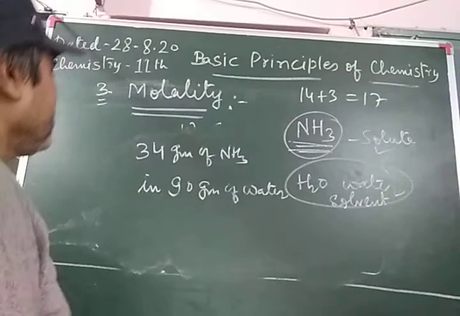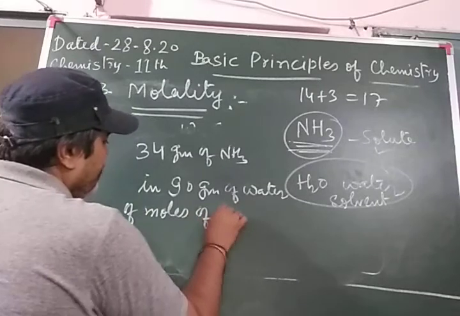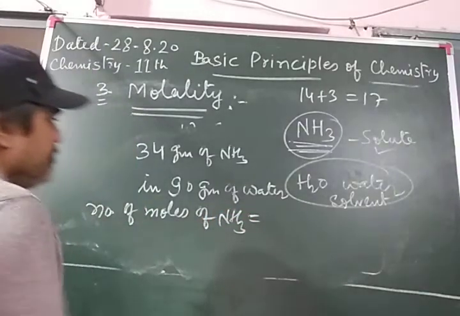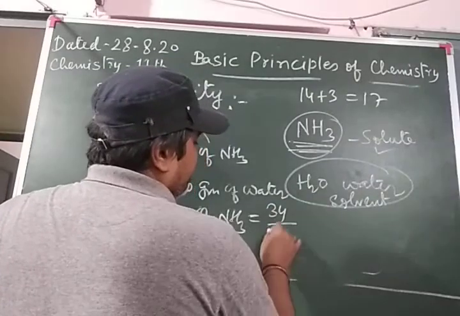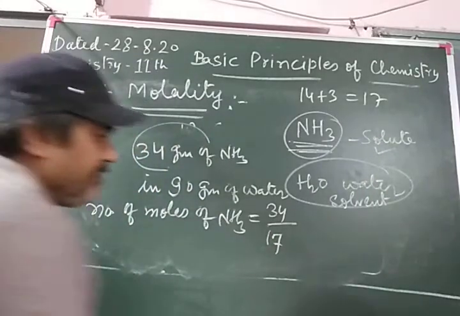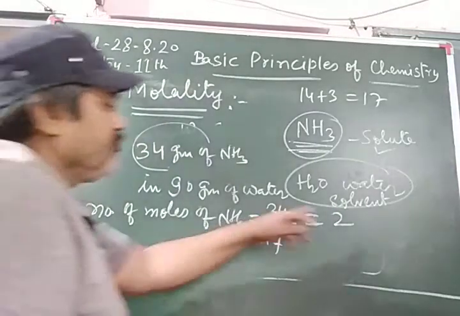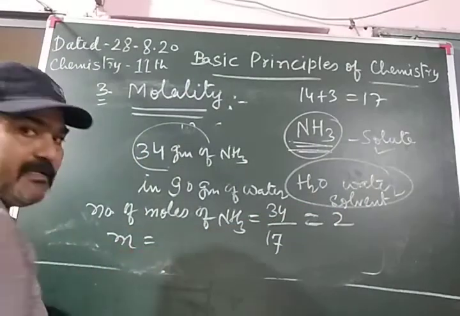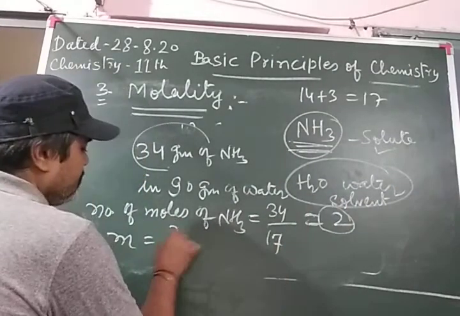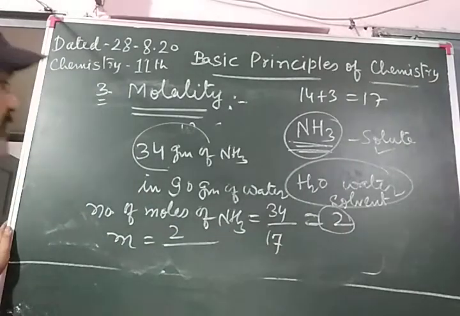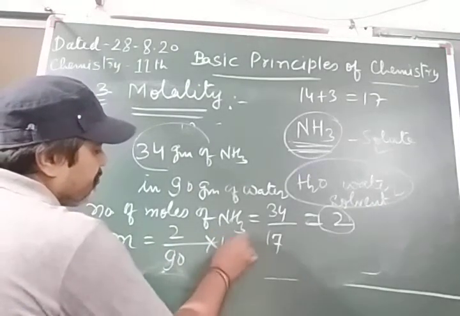Okay. So the number of moles of ammonia, this is the mass given, that is 34, divided by the molar mass, that is 17. So the number of moles is 2. Okay. To find the molality m, this m is equal to the number of moles 2 divided by the mass of the solvent in grams, so it will be multiplied by 1000.